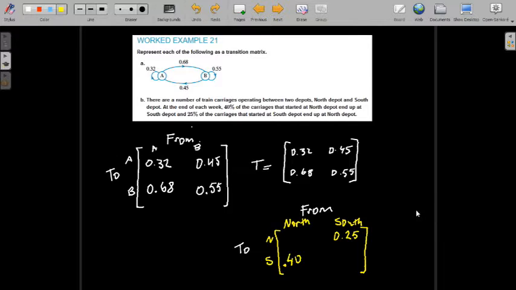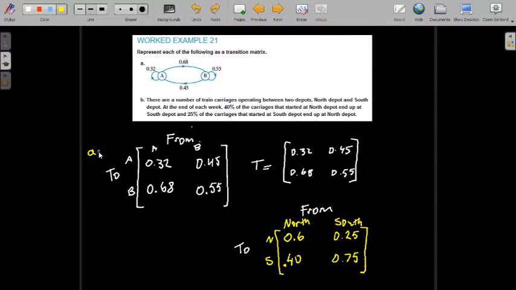Okay, and the remaining two elements, if you remember, each of the columns need to add up to 1. So if we've got 40% here, we need 60% here, which is 0.6, and we've got 0.75 over here. So it's just adding the columns up to 1.